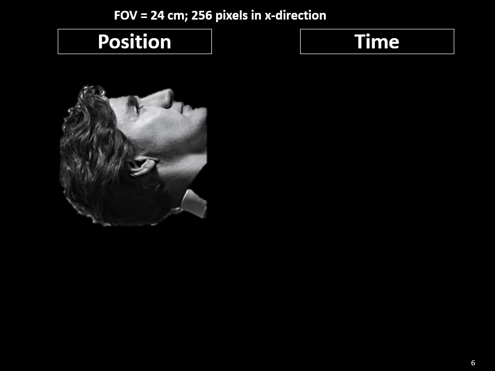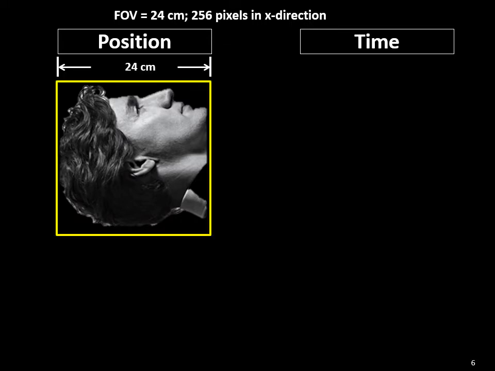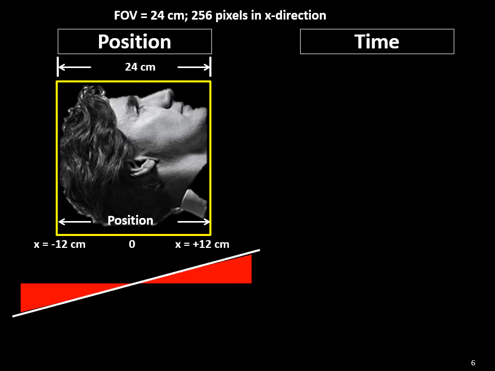What tasks are necessary? First, in the position domain, there's our field of view, 24 centimeters. We assign it a coordinate system where 0 is in the middle of the x direction. On the far left, we have x equal to minus 12 centimeters. On the far right, we have x equal plus 12 centimeters. We know we have to apply a gradient across this direction in order to spatially encode the signal.